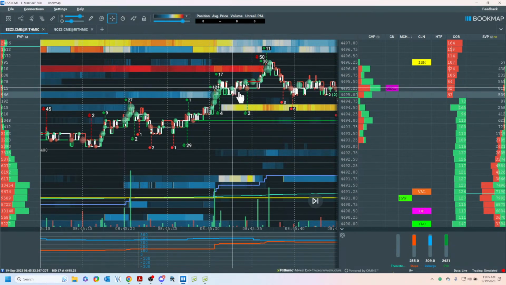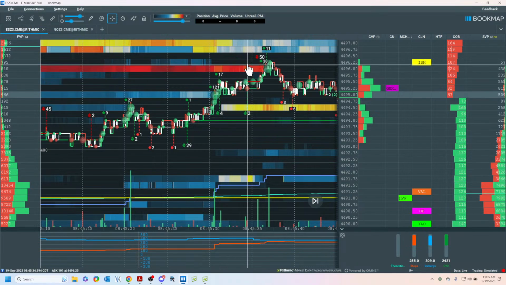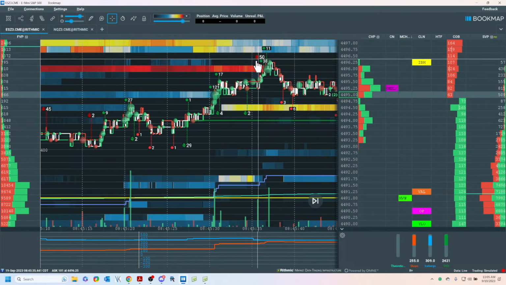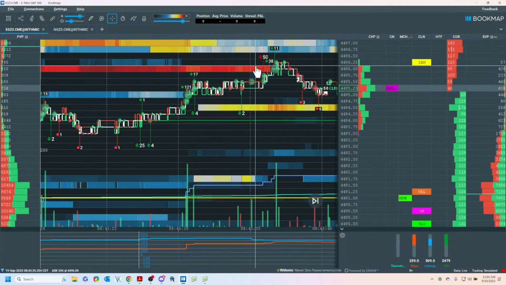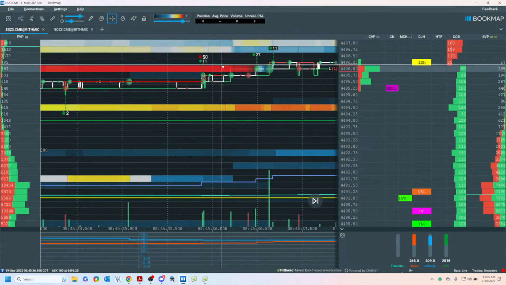Buy stops coming up. Here's micro volume. What about this? Buyers, no. And I go into the liquidity. I have 50 sell icebergs. I have 38 buy stops. And now the coup de grace, I think, is this. Right here, these are transacting. These buyers, you see them transacting into this liquidity.